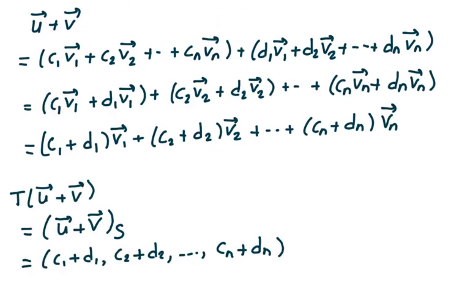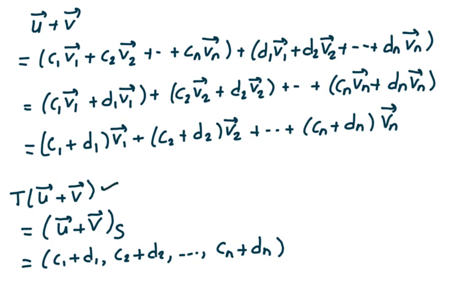Now, let's take a look at u plus v. I claim that that's going to be (c1 plus d1) times v1 plus (c2 plus d2) times v2 plus ... plus (cn plus dn) times vn. Now, what I want to do is look at T of u plus v.